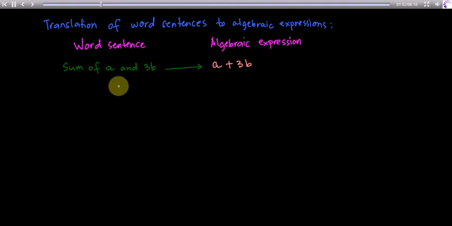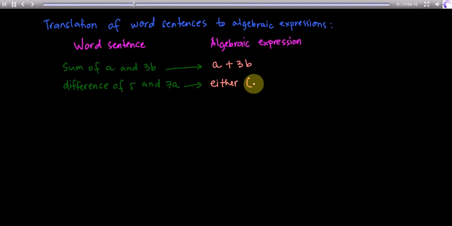Let's have another one. Difference of 5 and 7A. How could we do that? Meaning to say, there are two options to write this.